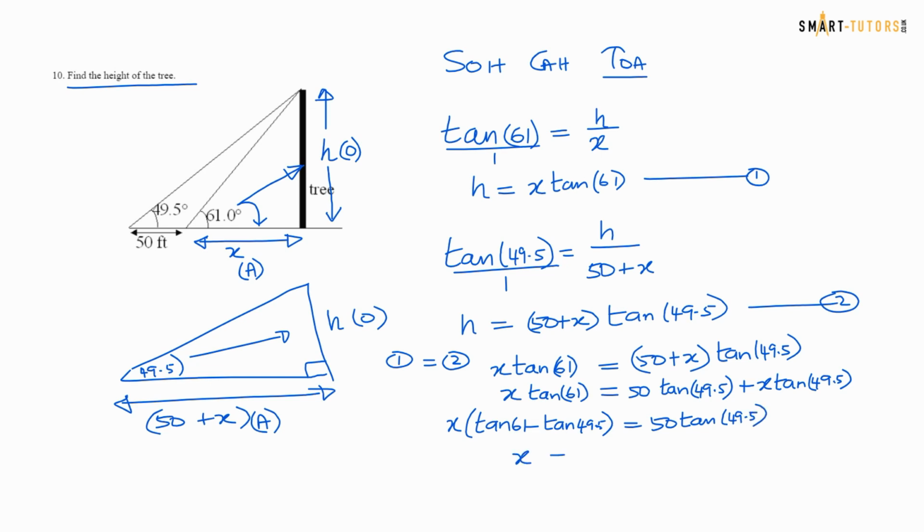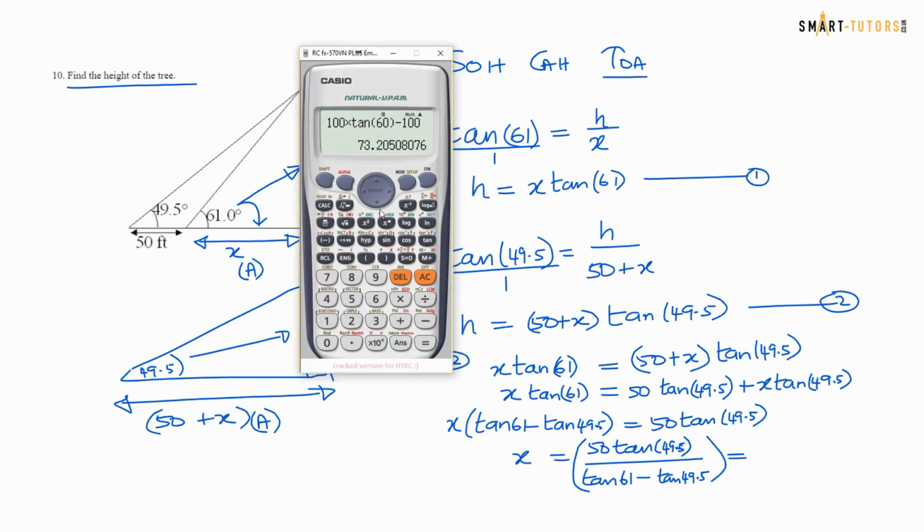And x equals 50 tan 49.5 over tan 61 minus tan 49.5. So that is equal to, right?